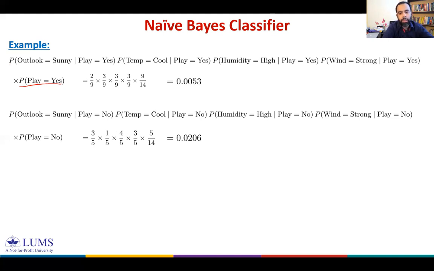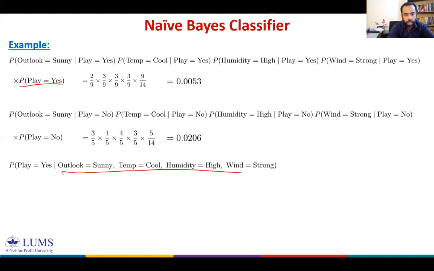But if you want to find out the denominator, you can find out. How? It will be a sum of these two, right? Right. So if we want to find out the posterior probability of play is equal to yes, given these 4 features, that would be equal to what we had in the numerator divided by the sum of these two.